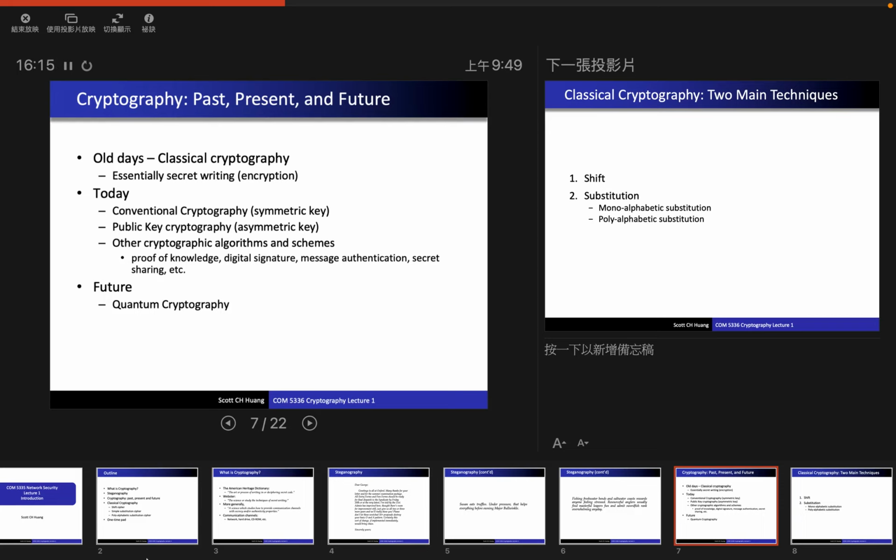pretty much today. Today's cryptographic algorithm, public key cryptography, does not only enable us to design encryption and decryption algorithms. There are many other concepts and properties, including digital signature, proof of knowledge, and message authentication.